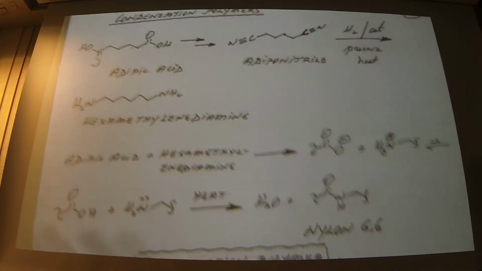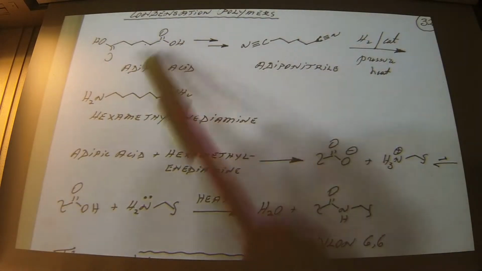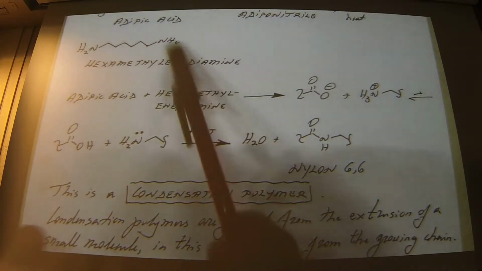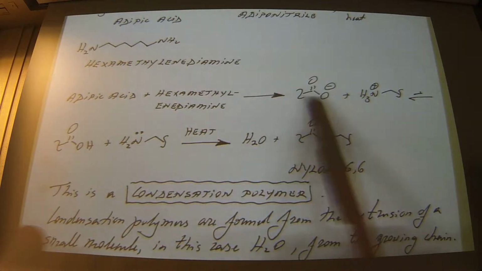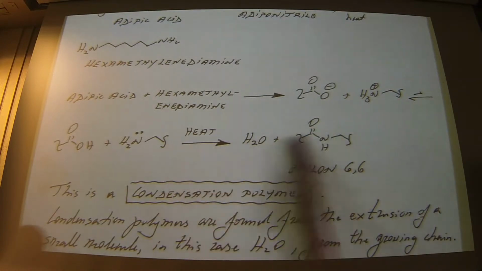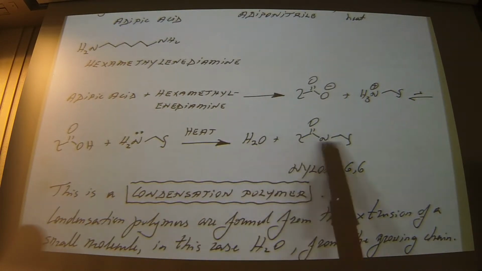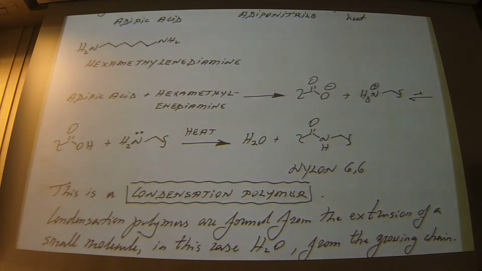You take the adipic acid and the hexamethylene diamine, and the first thing that happens is an acid-base reaction, right? And then if you heat the heck out of these, it'll spit off water and form a condensation polymer, which is known as nylon 6,6. And so you end up with a long polyamide. This is a very good example of a condensation polymer.